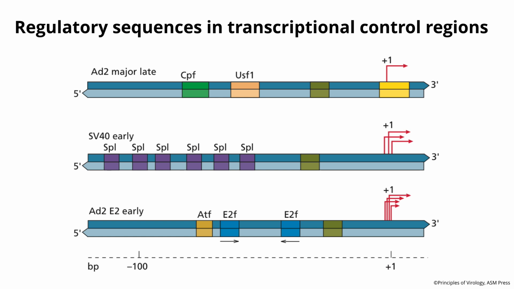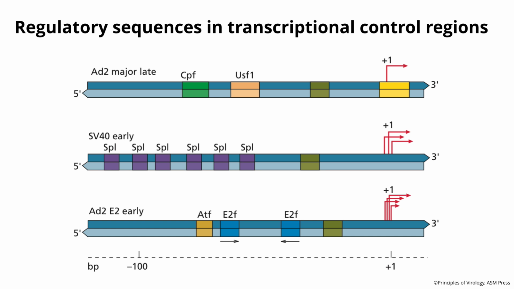You can see the initiator sequence around it. And upstream, there are some local sequences for the binding of a variety of transcriptional control proteins. Here they're called USF, USF1, and CPF. The names aren't important for you. Again, the point is that these are cellular proteins that are binding on the viral DNA to help stimulate transcription at that promoter.